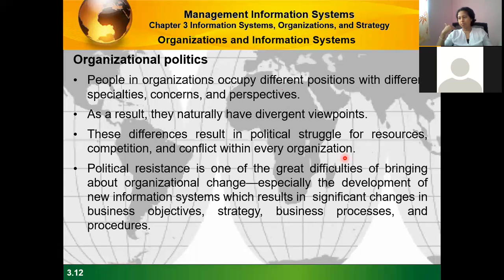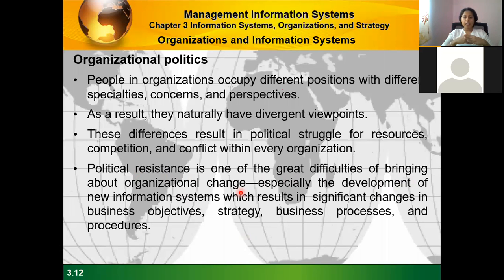Therefore, because of this, we say political resistance occurs. Now, when political resistance occurs, it is one of the greatest difficulties of bringing about organizational change. If the organization doesn't balance these conflicts and struggles well, there might be a political resistance coming from certain parties, right?